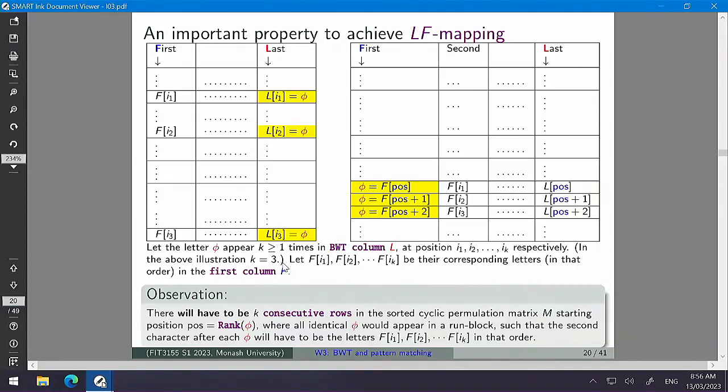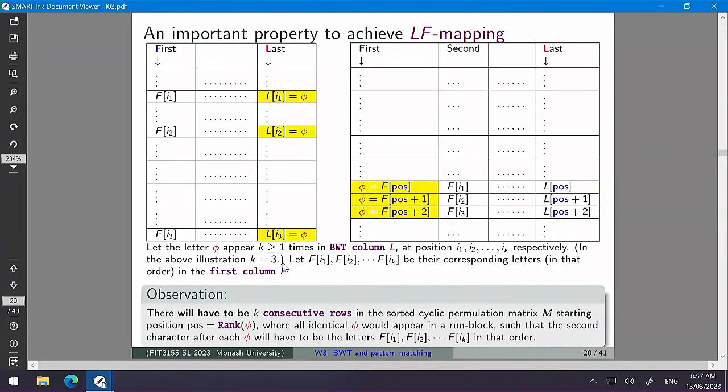So essentially, if you have any character that appears in the last column, it appears one or more times, isn't it? It can appear one time or two times or three times, depending on the original string. Whatever the number of times you see any character, that many times the letter would appear in some order, because we said every column is a permutation of the original string, right?